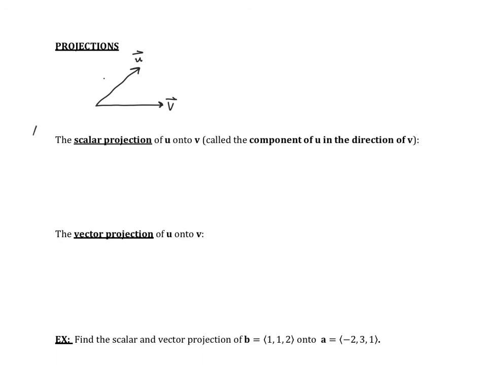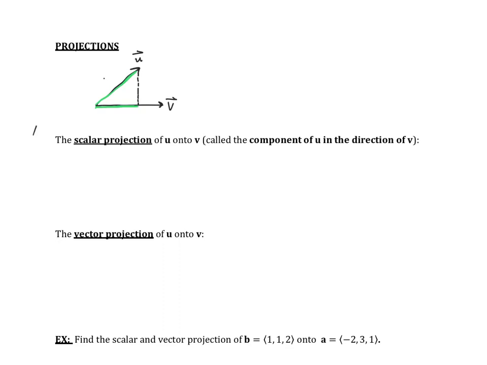If we drop this down here, this length right here, we'll highlight it in green, is the scalar projection of u onto v.